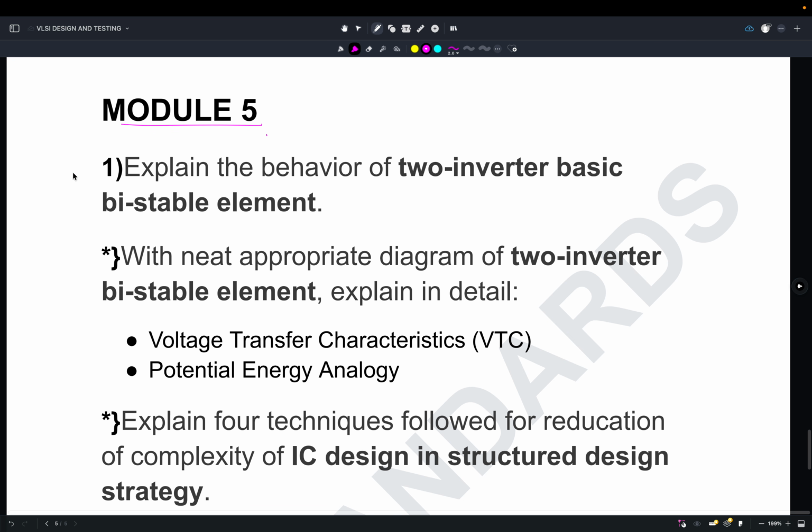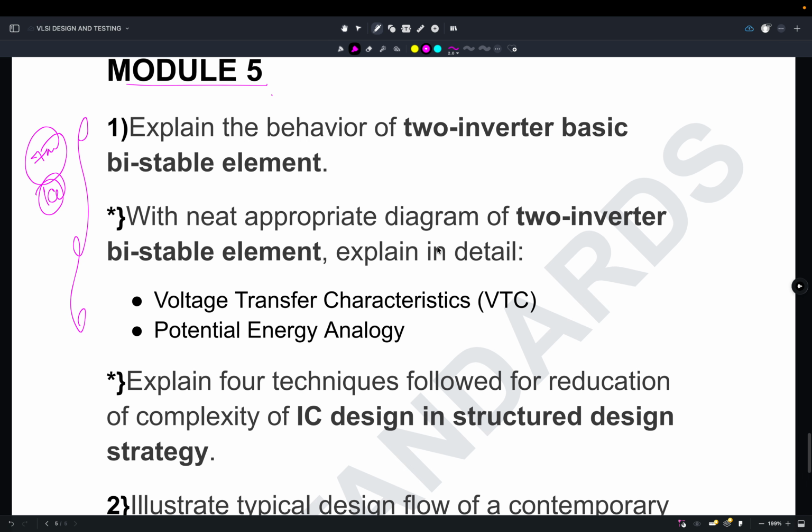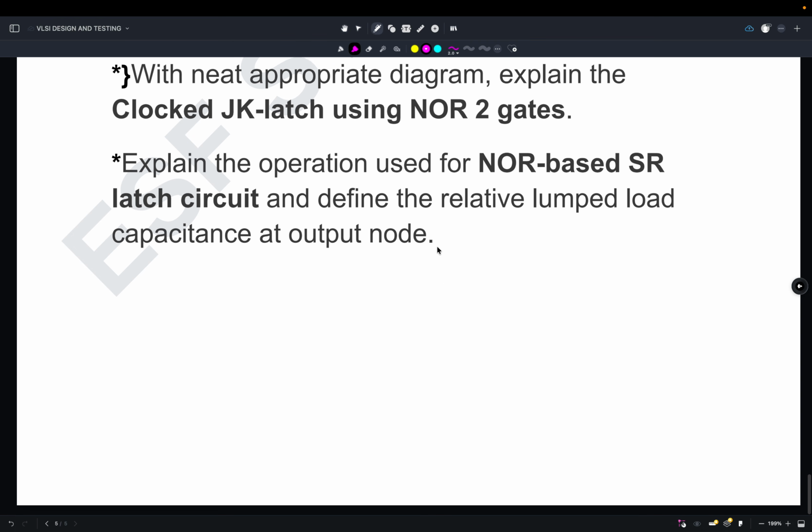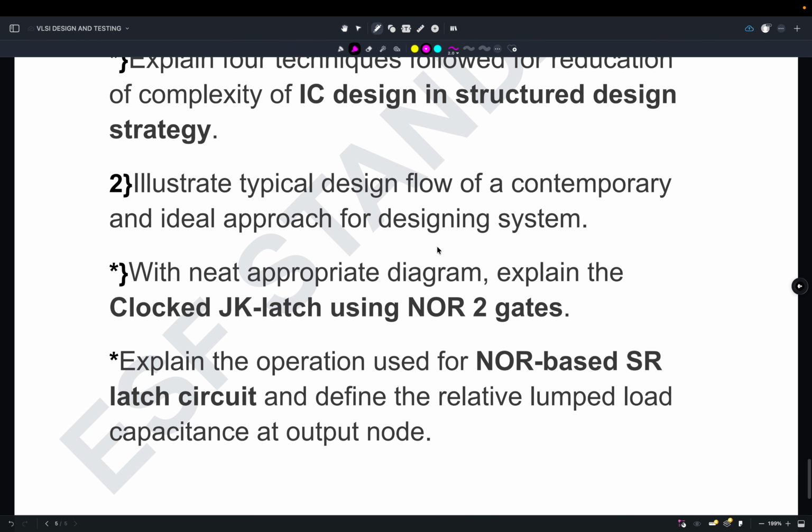In these three questions, one of the questions is going to come in the exam for 10 marks. After that: illustrate the typical design flow and explain the ideal approach of a design system.